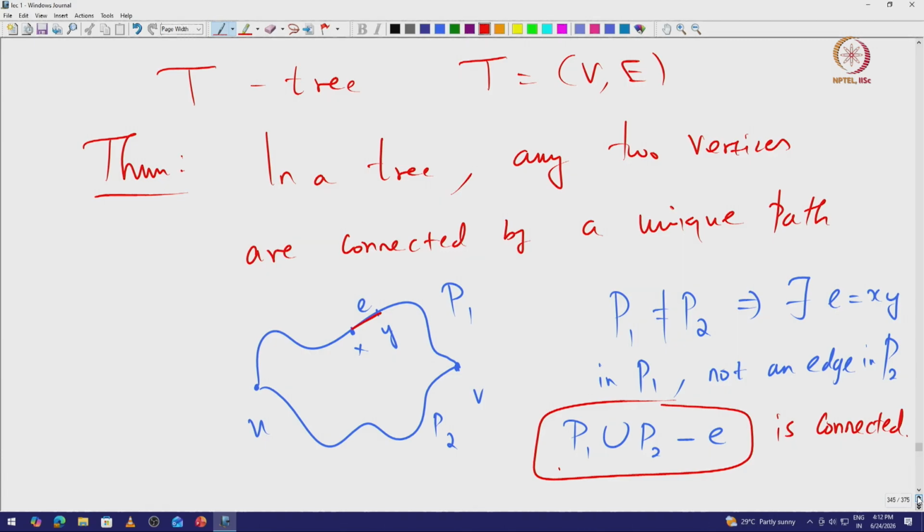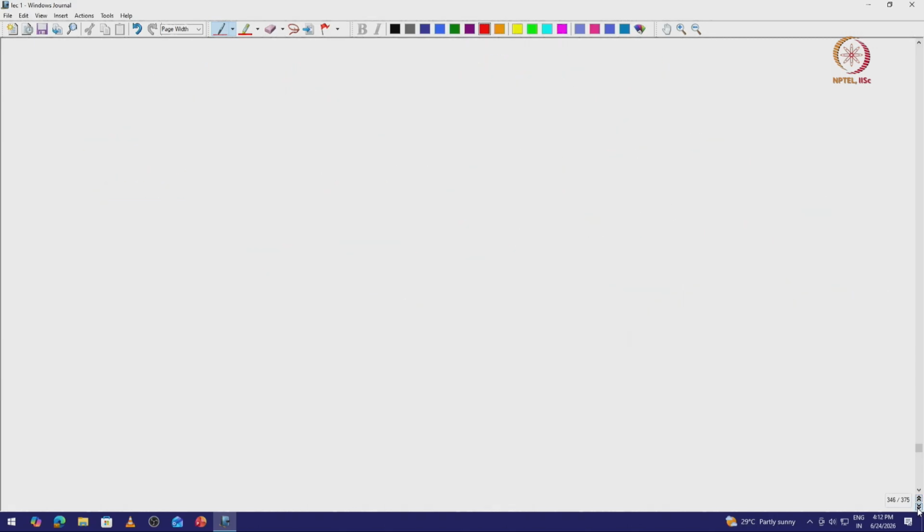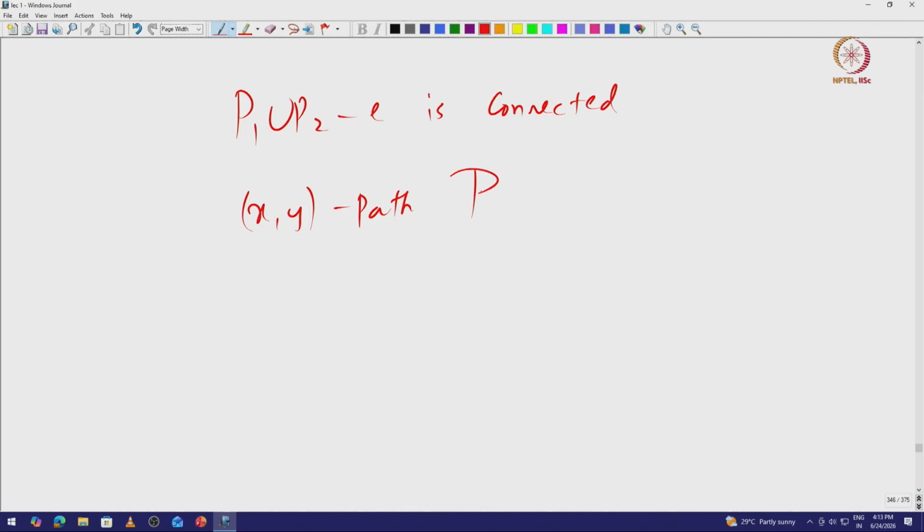But anyway, the argument is clear. When P1 is different from P2, you can pick an edge xy in P1 that is not an edge in P2. Then P1 union P2 minus E will still be connected. Since it is still connected, you have a path, let us call it P, in P1 union P2 minus E.